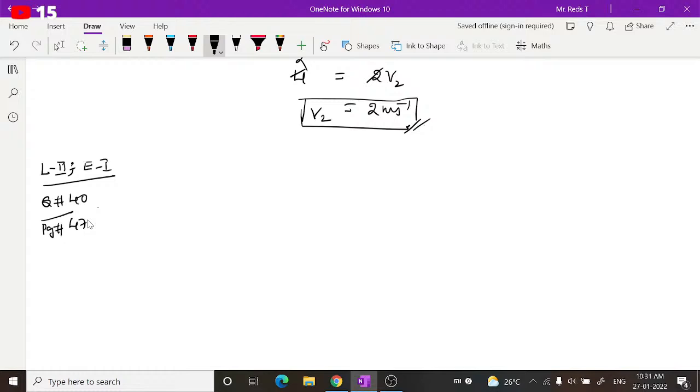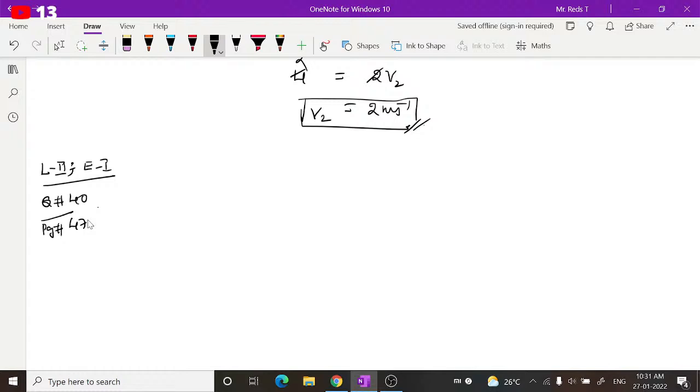Now the ratio of these is given as 3 is to 1. Now let us take the ratio of these two. So this implies E1 by E2 is equal to (v2 minus v1) by (u1 minus u2) for the first collision, divided by (v2 minus v1) by (u1 minus u2) for the second collision.